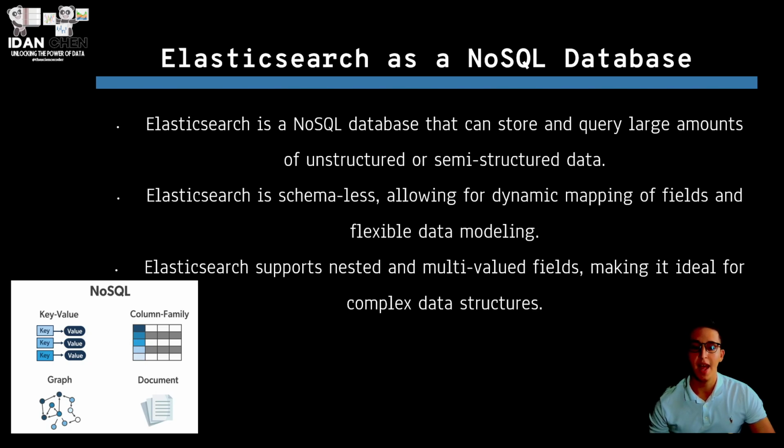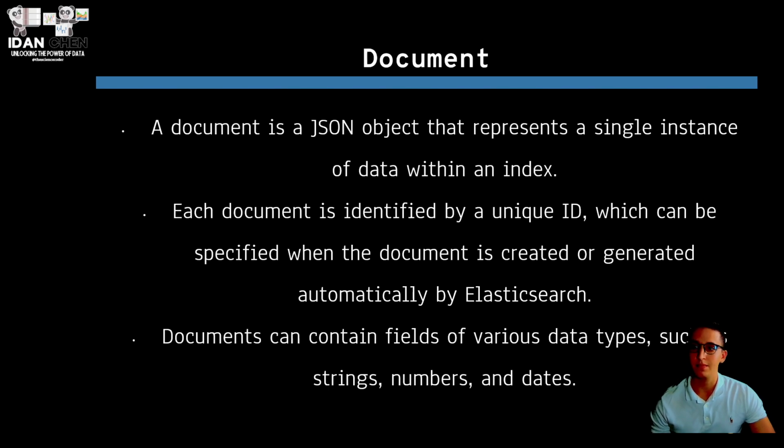In SQL we have tables, but in Elasticsearch we work with documents. A document is a JSON object that represents a single instance of data within an index. Each document is identified by a unique ID, which can be specified when the document is created or generated automatically by Elasticsearch.